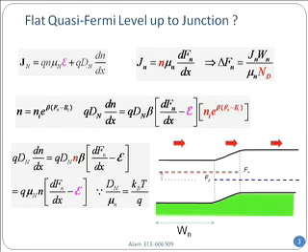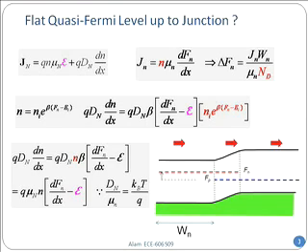That's Wn, and that gives me that the change in the quasi-Fermi level, the drop in the quasi-Fermi level, is proportional to the current. And what is that factor, by the way? Wn over mu n ND, what is that? That's actually conductivity. If you go back and see, that's actually conductivity.